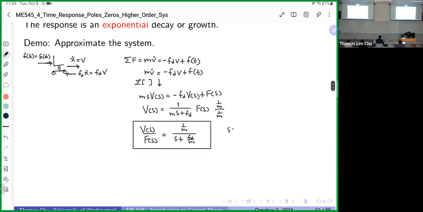And I have a pole at minus the friction coefficient divided by mass. The friction coefficient is positive, and we can see here that the size of this pole is scaled based off of my friction coefficient and my mass.